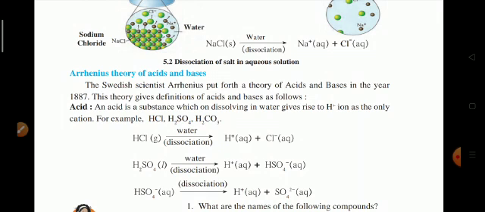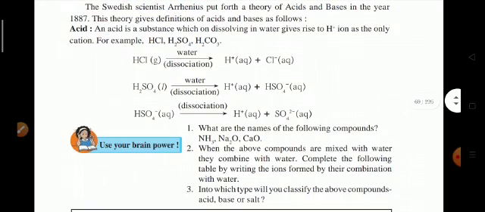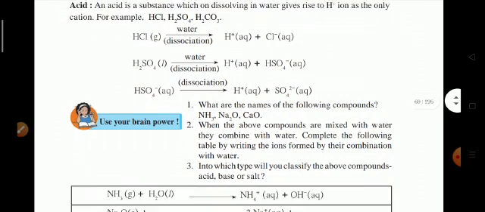This theory gives definitions of acids and bases as follows. An acid is a substance which on dissolving in water gives rise to H+ ion as the only cation, for example HCl, H2SO4, H2CO3. And how they dissociate, we have seen all the things in detail.